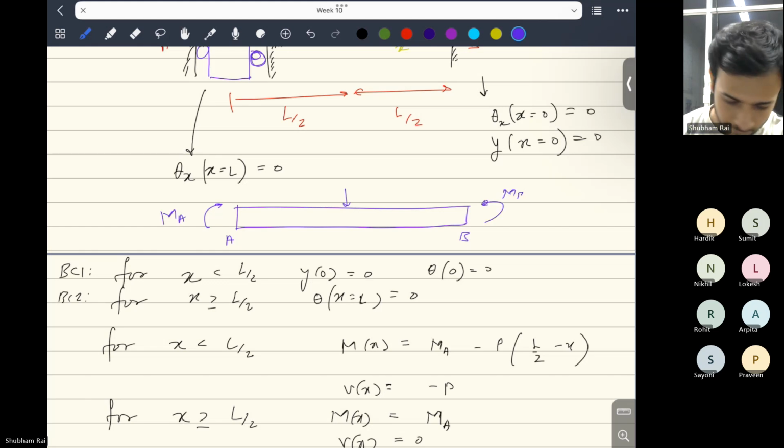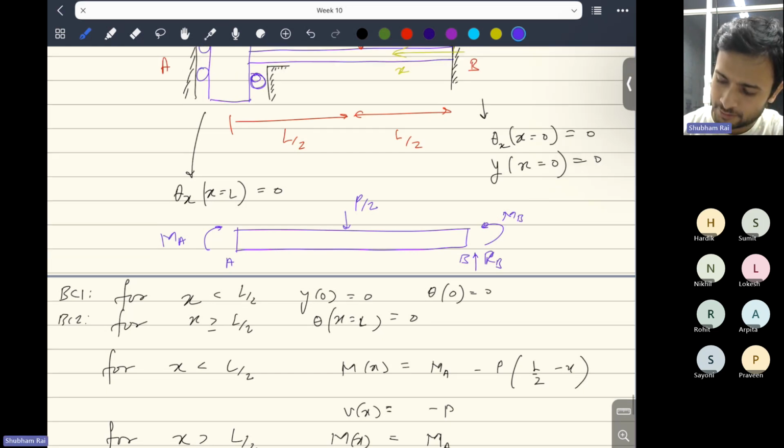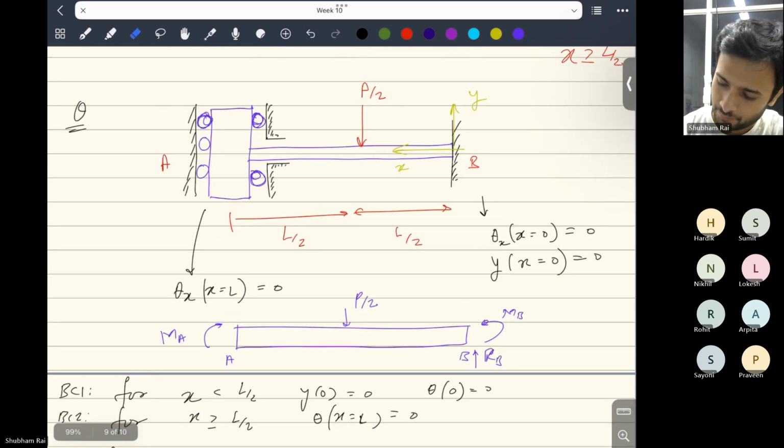MB will act here. P by 2 will act at L by 2. And here you have RB. So RB, you are able to imagine that it should be P by 2, right? Sorry, it is P, not P by 2. Just take P.